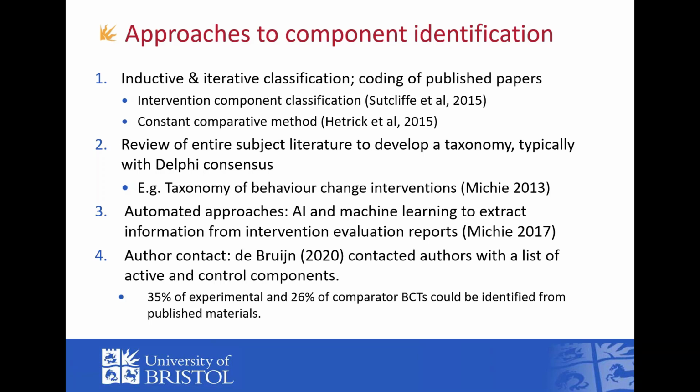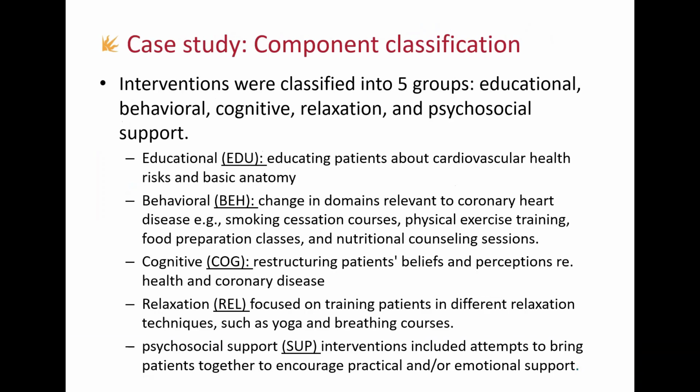And whilst we might hope and anticipate that reporting guidelines such as the TIDieR checklist and the CONSORT extension for social and psychological interventions can improve that going forward, we have to acknowledge that currently this is a limitation in identifying our components.